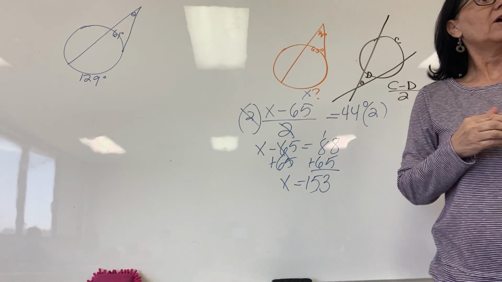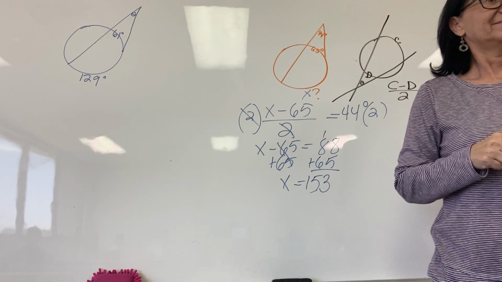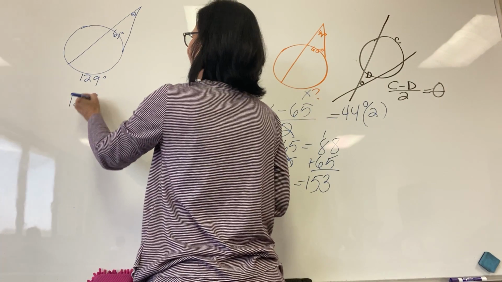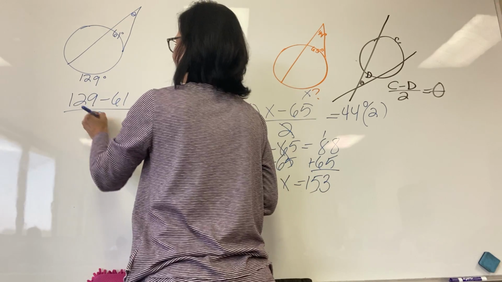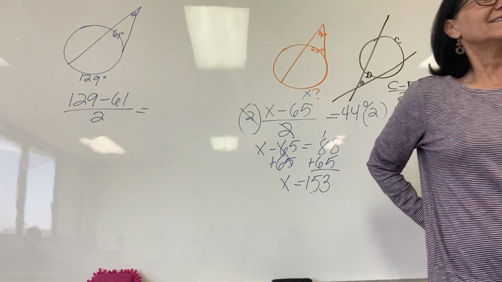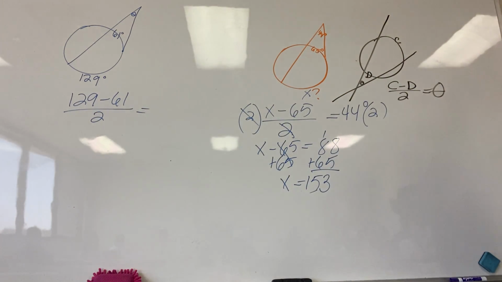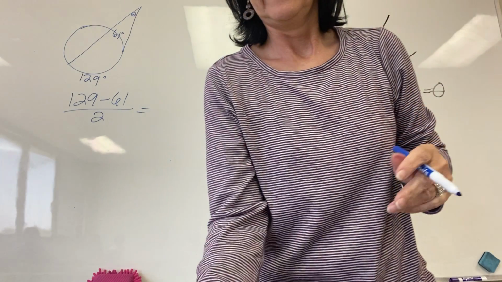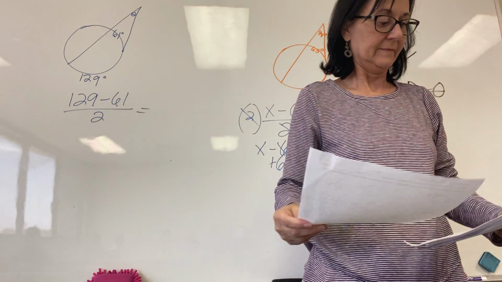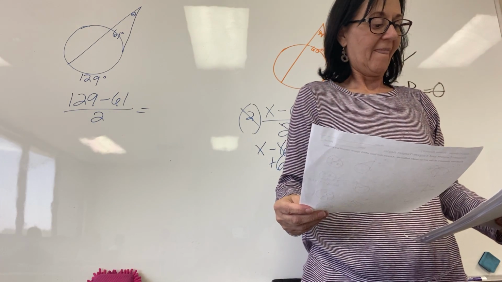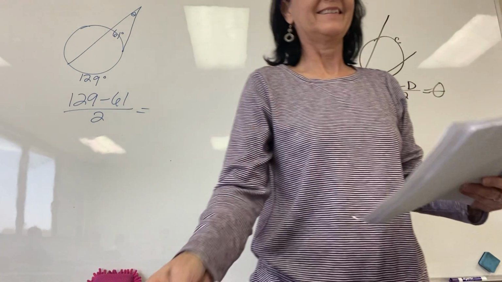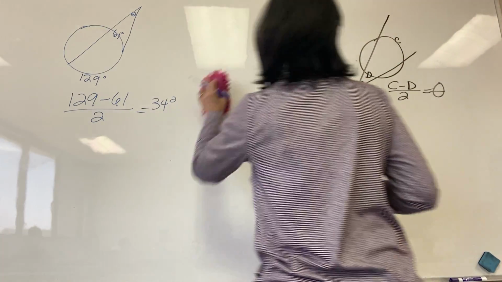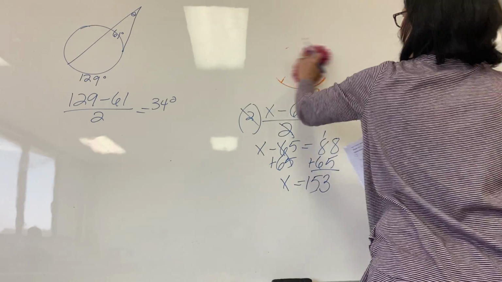So can you help me know what the equation would be? 129 minus 61 over 2. Exactly. Good job. Go ahead and calculate it. Everybody else calculate it too. Excellent, Nora. It's 34? All right, 34 degrees. Anybody agree?